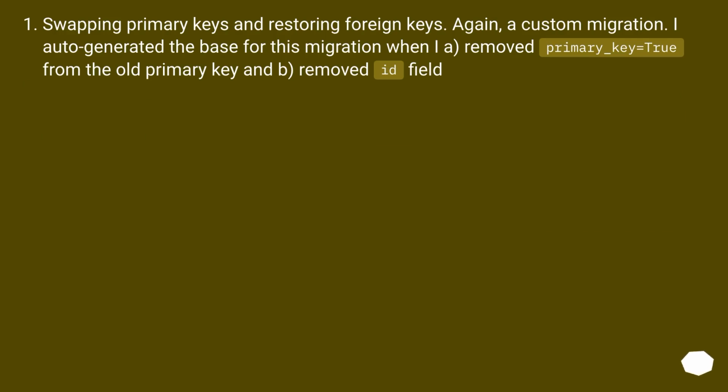Swapping primary keys and restoring foreign keys. Again, a custom migration. I auto-generated the base for this migration when I removed primary_key=True from the old primary key and removed the id field.